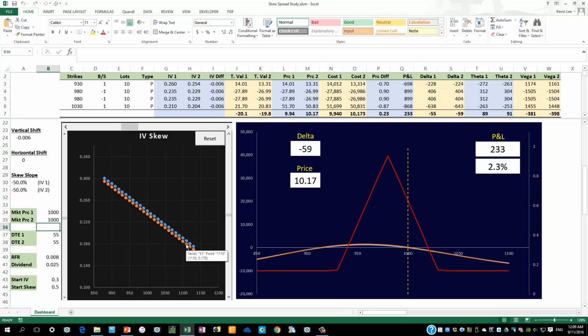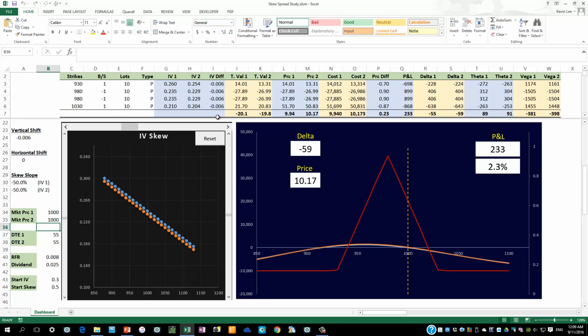Now, in a real life situation, this is difficult to achieve because any drop or increase in volatility usually comes with underlying movements as well as theta decay. So it's difficult to study the effect of IV on its own, and that's why I created this tool.